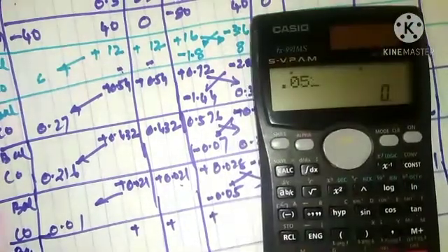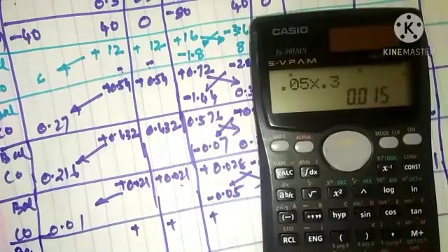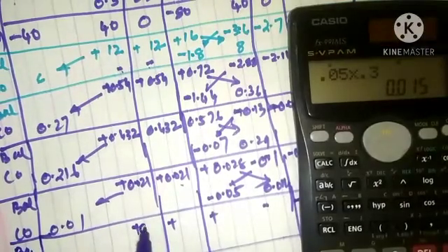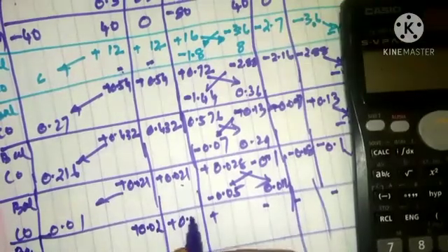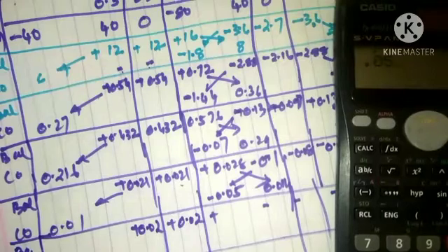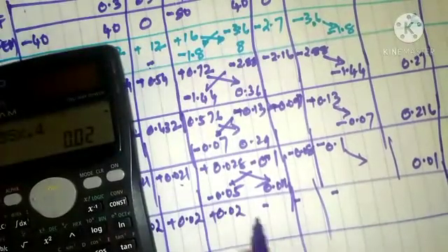0.05 into 0.3 will be 0.015, so that is 0.02. Similarly, here it is 0.02. 0.05 multiplied by 0.4 comes as 0.02 again.